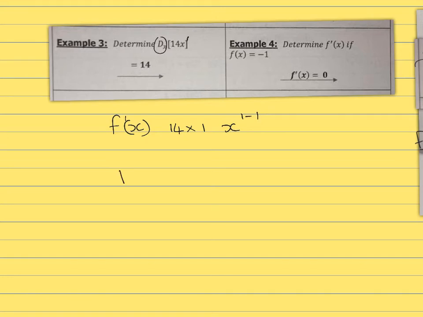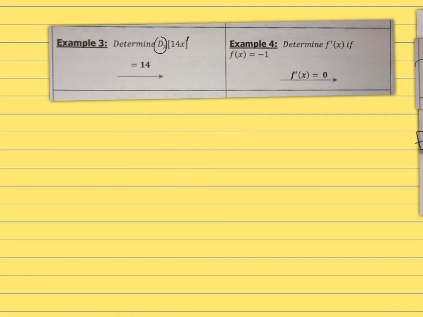So dx will be 14 times 1 is 14, and this is x to the power 0, so it's 1. So 14 times 1 gives me 14. So the answer here is 14.